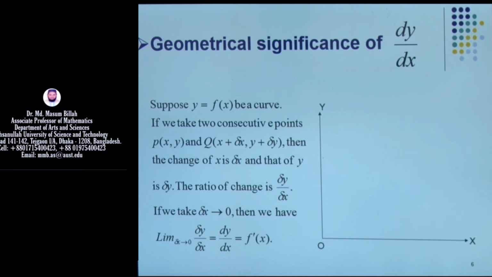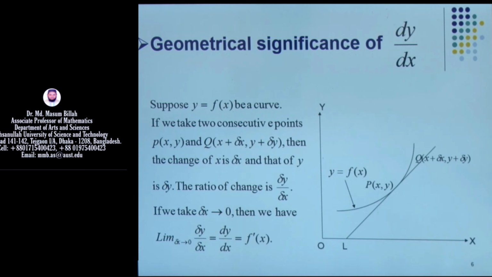So if we take the graph of a function of x, y equals f(x), and we consider a point P(x, y) and an adjacent point Q(x plus delta x, y plus delta y). If we take two consecutive points, the change of x is delta x and of y is delta y.